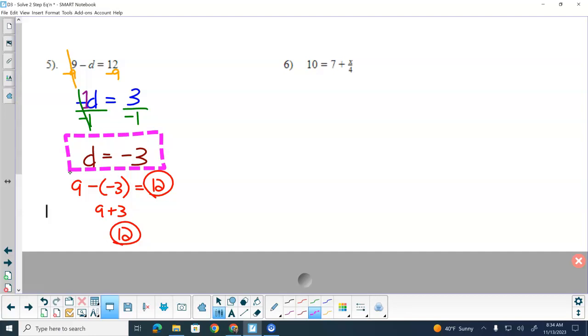In number 6, what did we do first? We subtracted 7 from both sides first, because that cancels that out. That leaves me then with positive 3 equals x divided by 4. My next step is going to be to multiply both sides by 4.